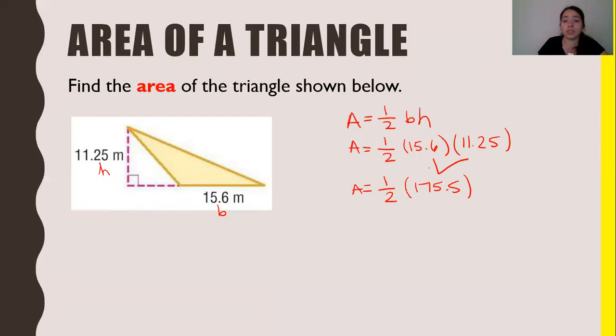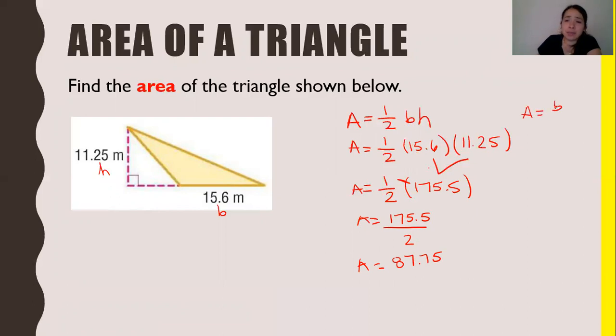Probably the easiest way would be to just divide this number by 2, because if we multiply these first, that's going to be 175.5 over 2, and we plug that into our calculator, and that gives us 87.75.